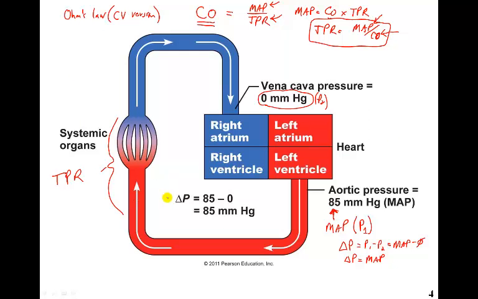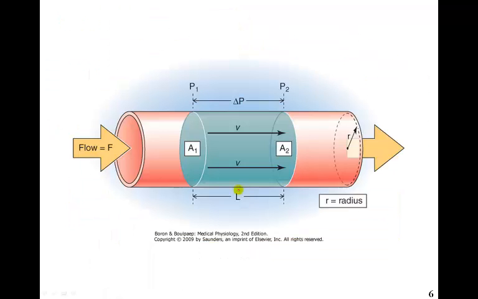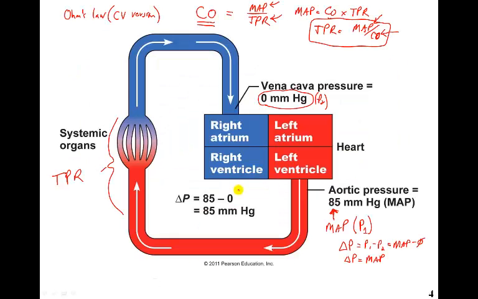Because of course, in this image we've drawn, the blood flow is going through basically one tube through the body back to the right atrium. But of course, in the body, that's not what happens, right? The blood comes out of the aorta, and it goes all kinds of different places at the same time, basically in parallel.